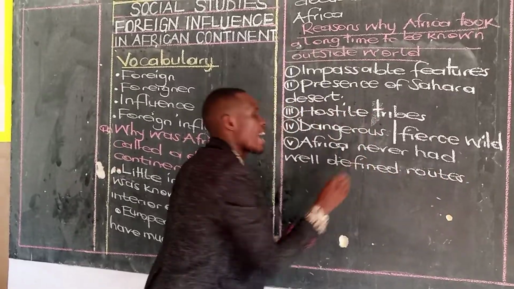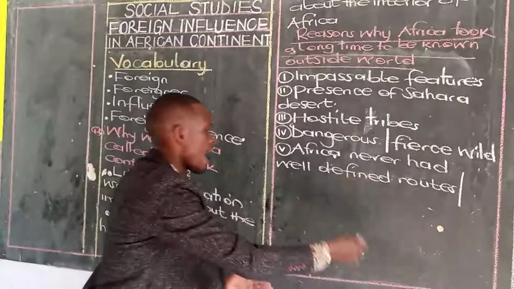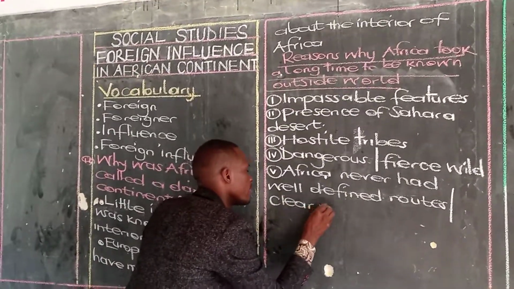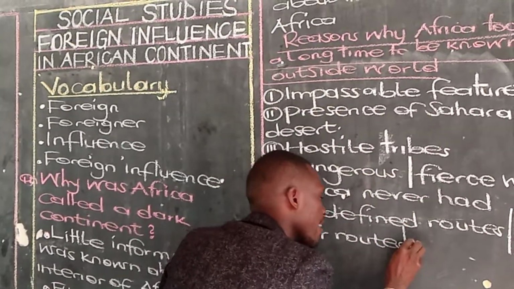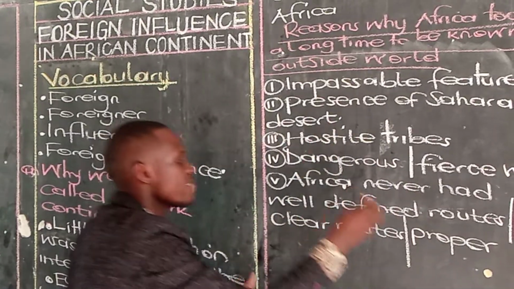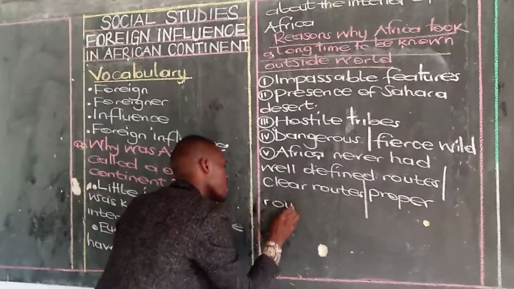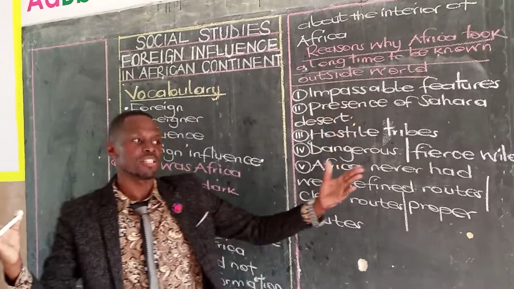You can also say Africa never had clear routes, or Africa never had proper routes. So these factors, boys and girls, kept the African continent unknown for a long time to the outside world.